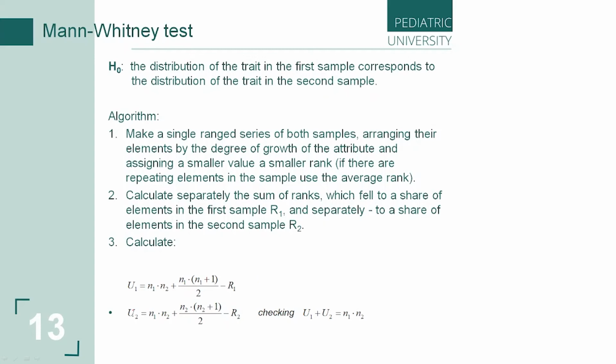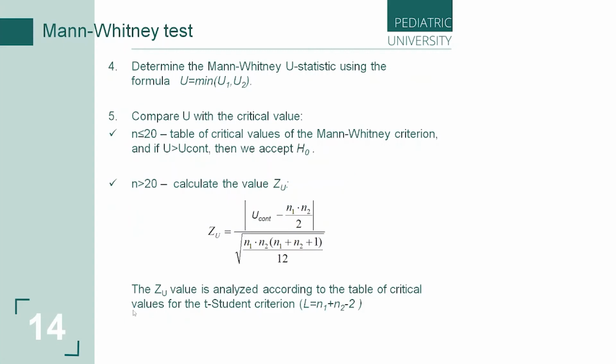Next, we determine the control value of the Mann-Whitney U statistic. This is simply the minimum value between U1 and U2. Then we compare the control value to the critical value. In this situation, we have two options.